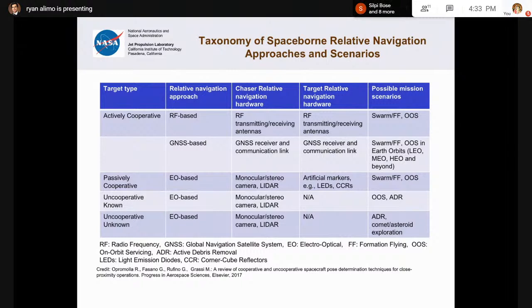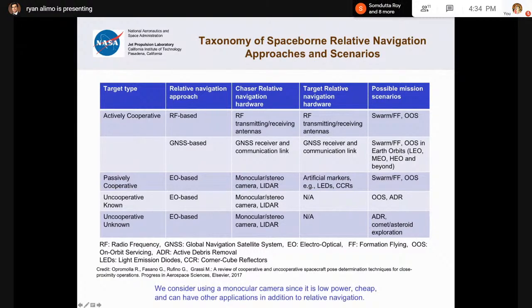You can have passive or active approaches. However, what we consider is using the monocular camera, because they're low in power, cheap, and can be used for different applications other than relative pose.